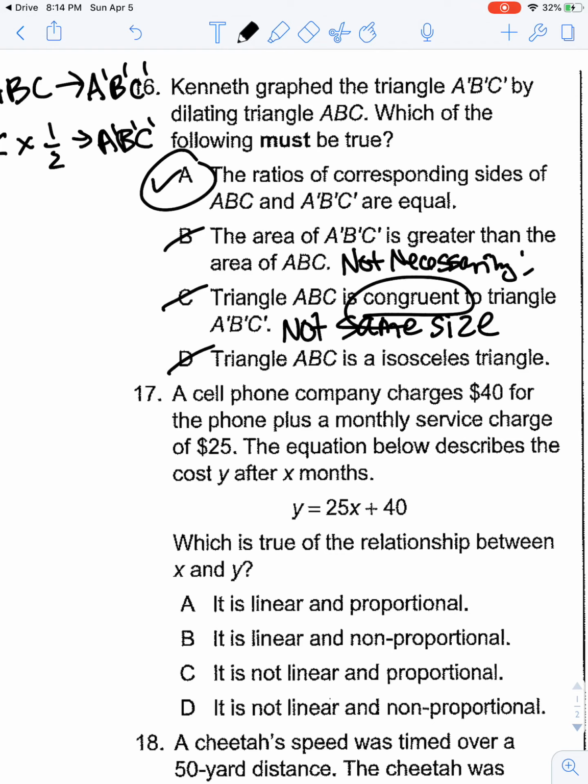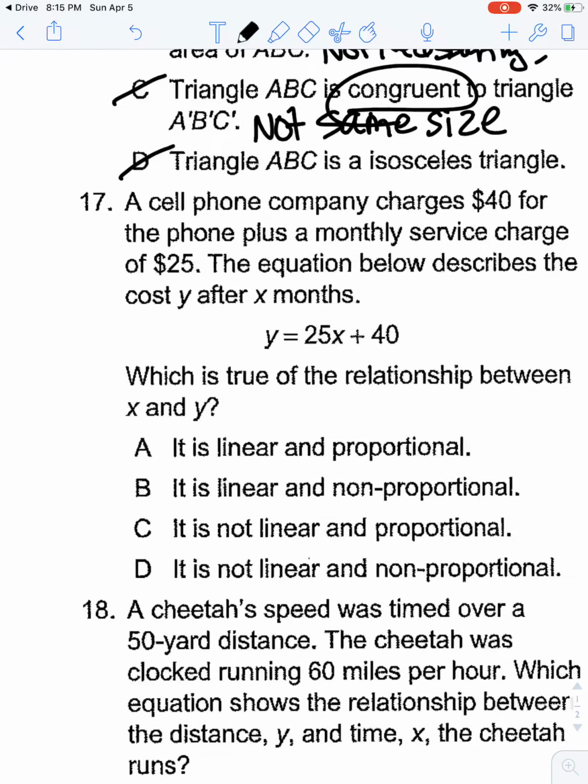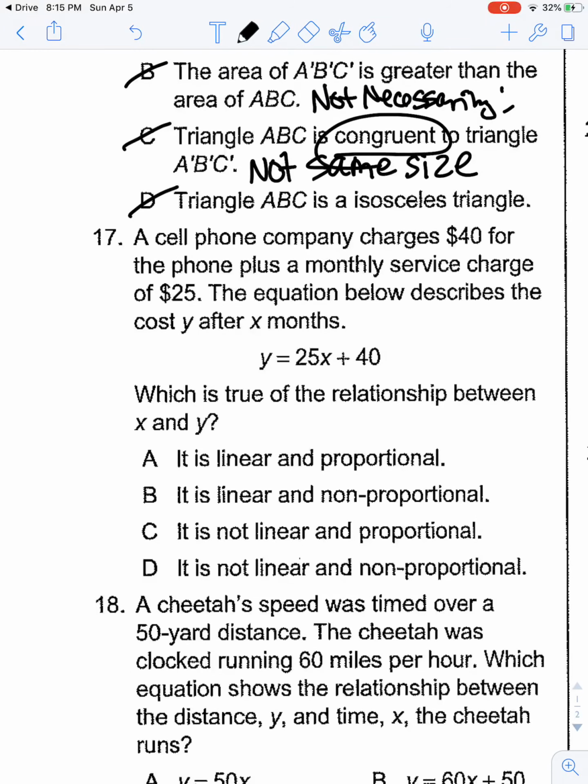A cell phone company charges $40 for their phone plus a monthly service charge of $25. So the equation below describes the cost after X months. What is true of the relationship between X and Y? Is it linear proportional? Linear non-proportional? Not linear? So basically, we want to know: is it linear?